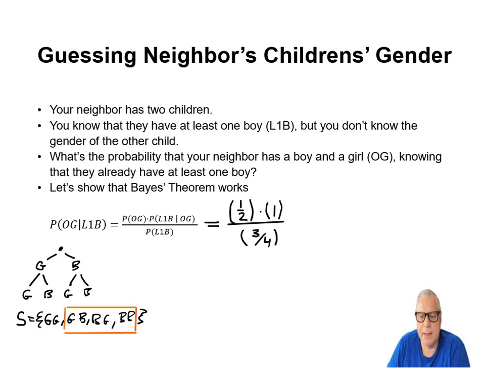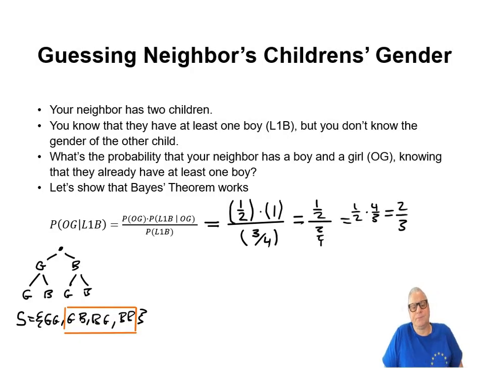So the numerator becomes 1/2, and the denominator becomes 3 over 4. That is 1 over 2 times 4 over 3, which is 2 over 3.